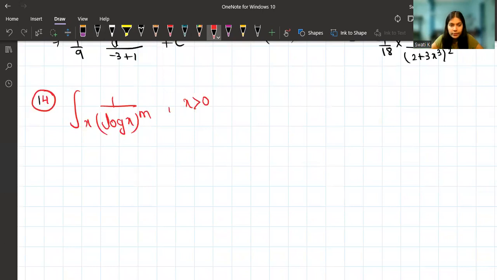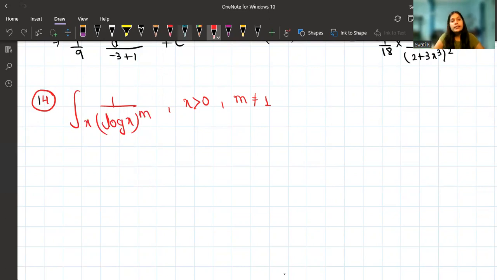And also there is one condition, that m is not equal to 1. Because if m is equal to 1, you will not be able to simplify it. That is why they have given this condition.